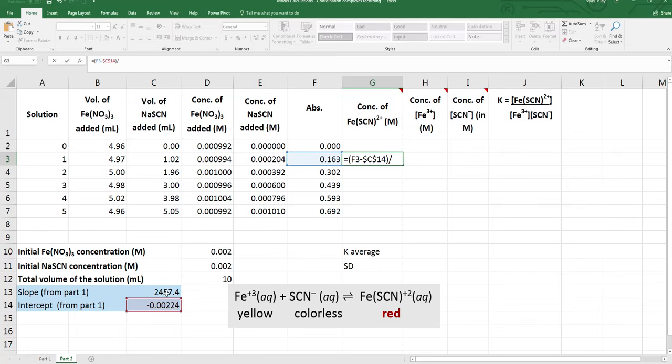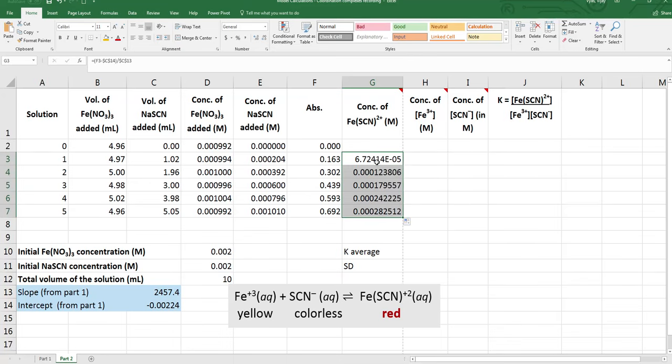So slope is that cell, and you want to keep it constant, so F4. All right, so you enter that one and then go to the corner, double click, and that will give you the concentration of iron thiocyanate using the absorbance. And this is what we could do because in part 1 we have the calibration curve, we know the relationship. All right, now this is the easy part.